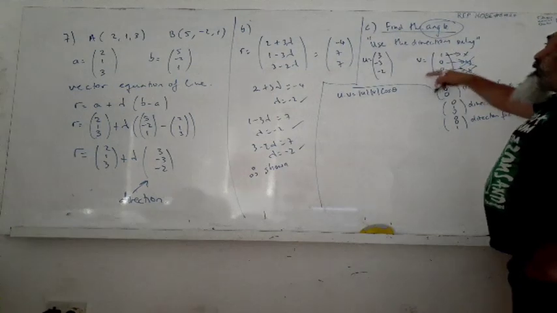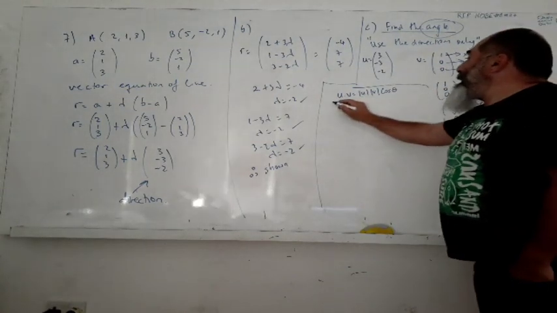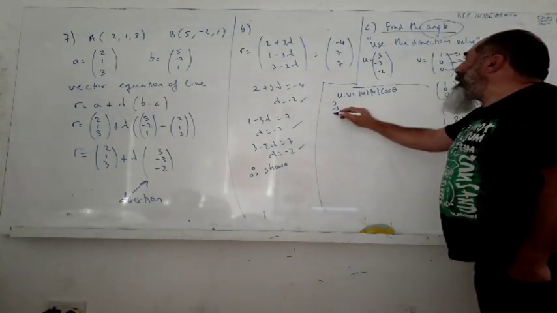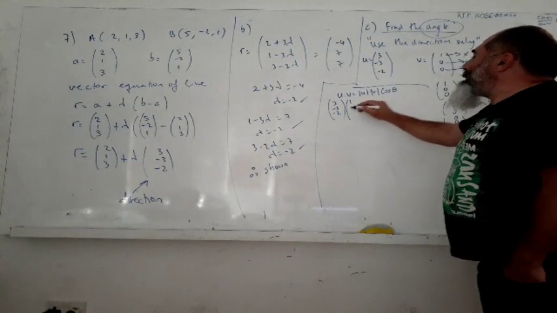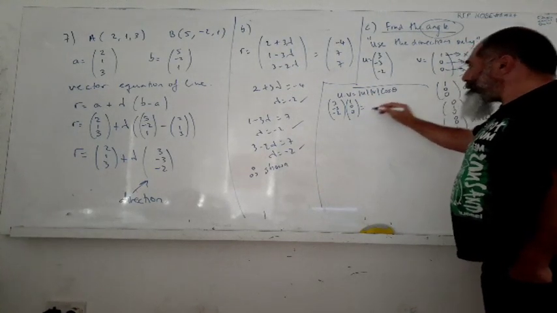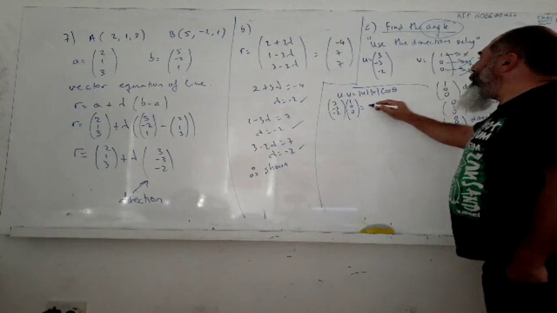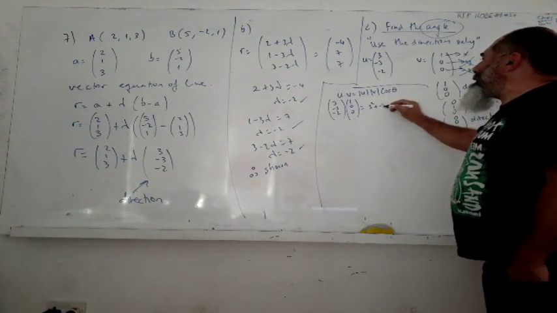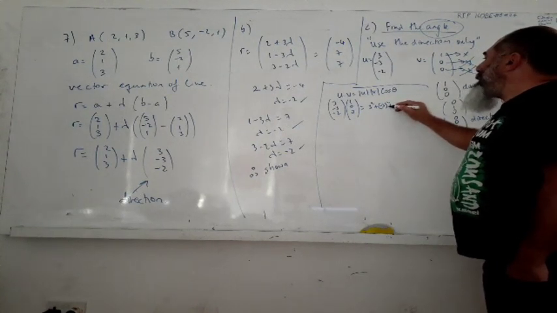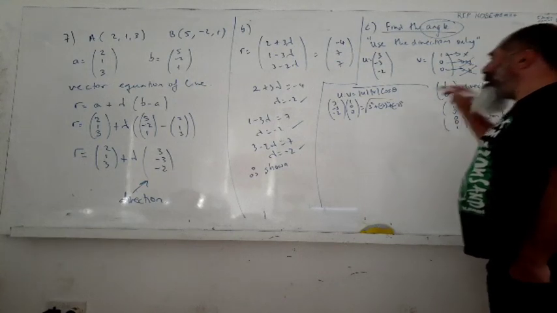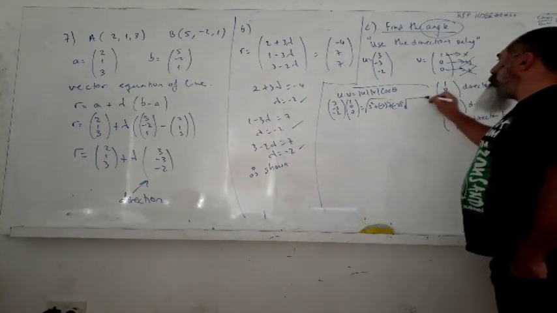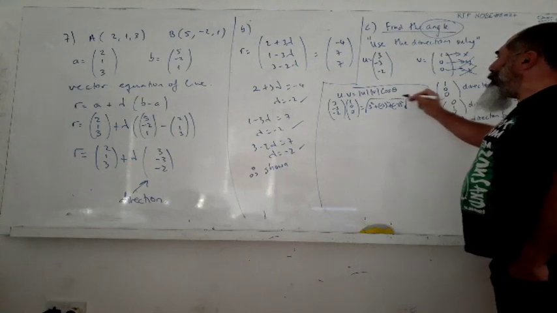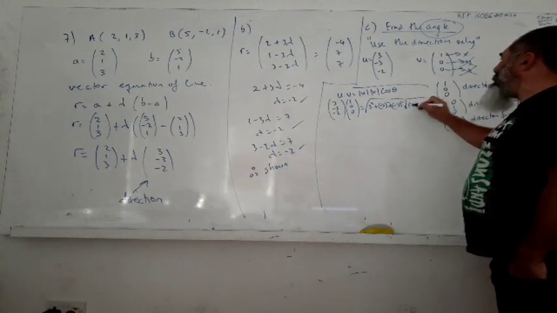U is 3, minus 3, minus 2, V is 1, 0, 0. Magnitude of U is 3 squared plus minus 3 squared plus minus 2 squared under the square root. Magnitude of V is 1 squared plus 0 squared plus 0 squared.